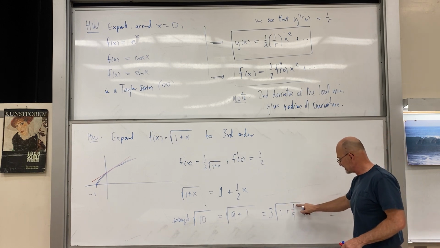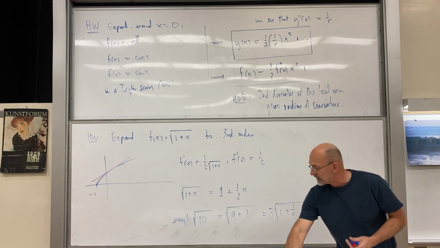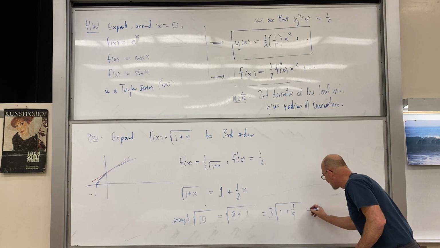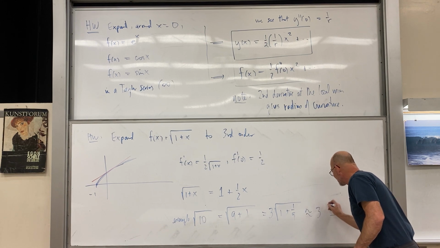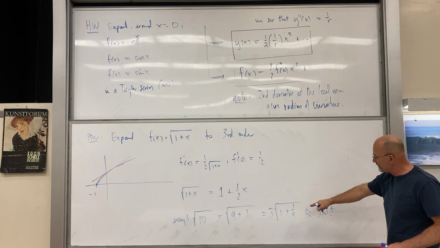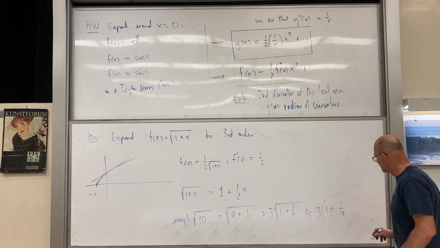The 9 cancels that. So now is where we would apply what we just learned. So we would have 3, and now I'm going to call it an approximation, approximately 3 times 1 plus 1/2 of 1/9, 3 times 1 plus 1/18.